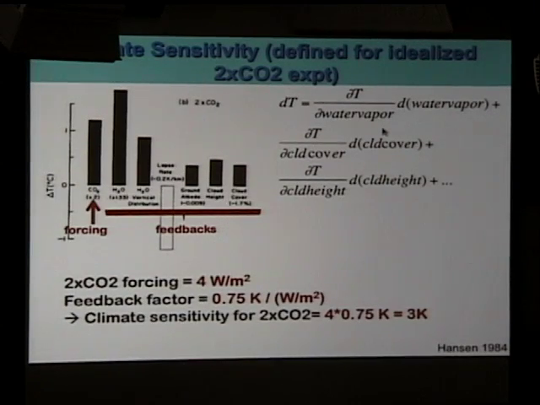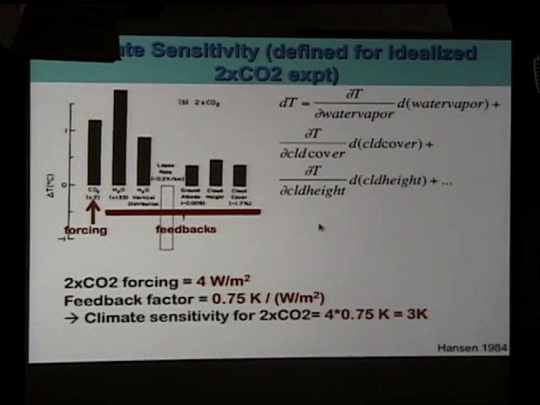We did it on an Amdahl in the basement. This is a really tedious calculation. You have to run the model, and you figure out what is the total change in water vapor, and then you plug it back into the model, holding everything else constant. The only thing you change, and then you figure out what the forcing is.